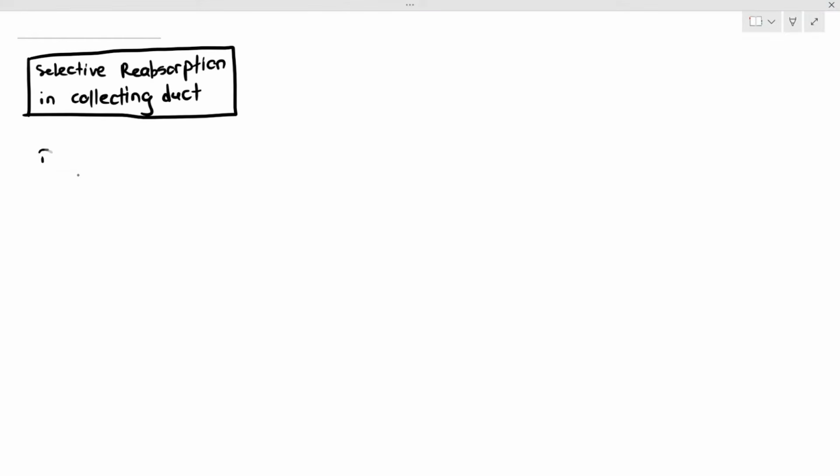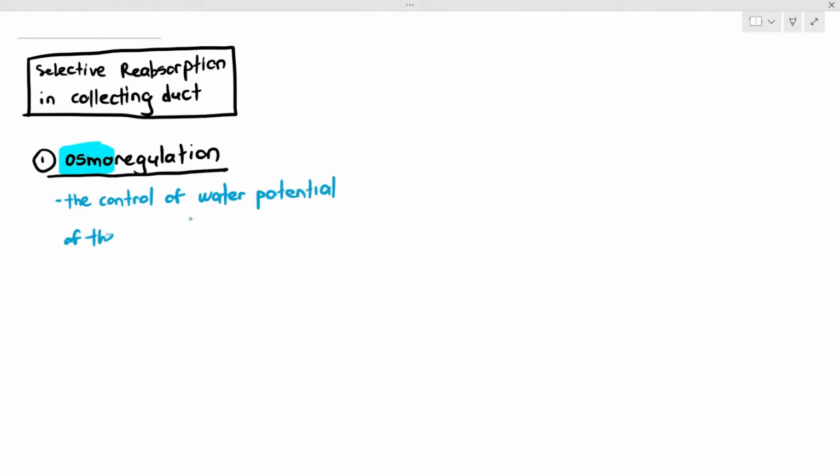When you're talking about the collecting duct, it is very important to also cover a concept known as osmoregulation. Now, you need to know the definition of osmoregulation, where it is the control of the water potential of the blood and tissue fluid. Some textbooks will just say that osmoregulation is the control of the amount of water inside our body.